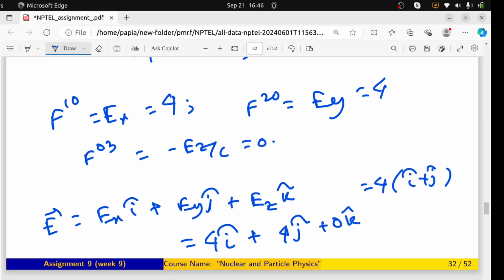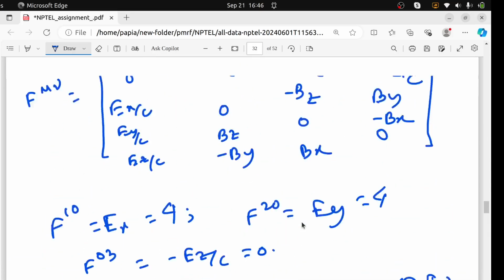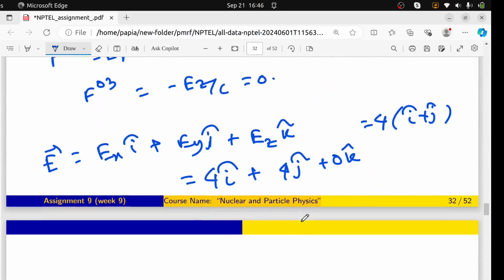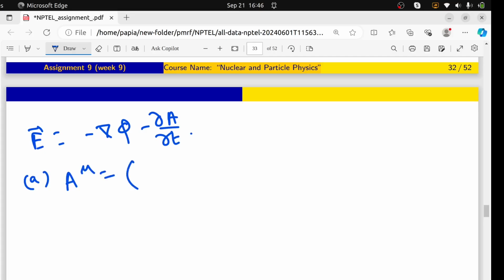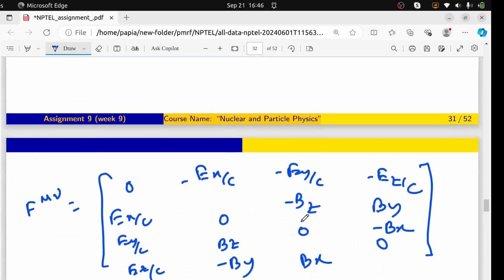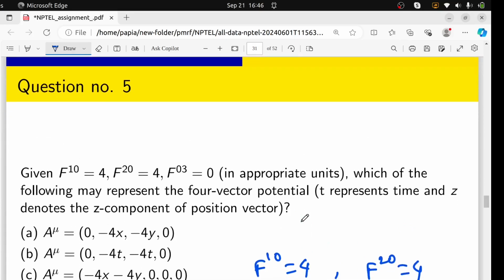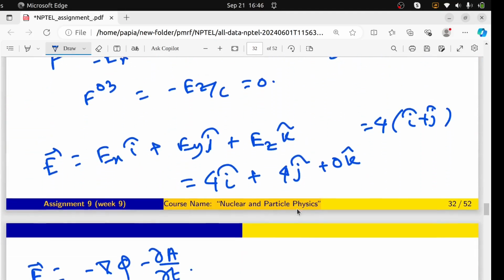Okay, so this is the E vector. Now let me see here: minus grad φ minus ∂A/∂t. So option number A, A^μ is how much? It's already written: (0, minus 4x, minus 4y, 0).